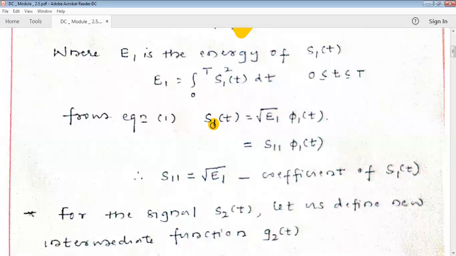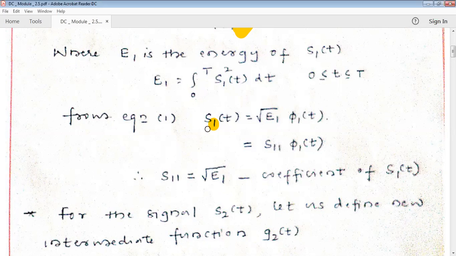Here s1 of t means i is equal to 1, and in place of j we have 1, and any coefficient for the signal Si of t is given by Sij, so here i is equal to 1 and j is equal to 1. So Sij becomes S11, and this S11 is the first coefficient of the signal s1 of t.